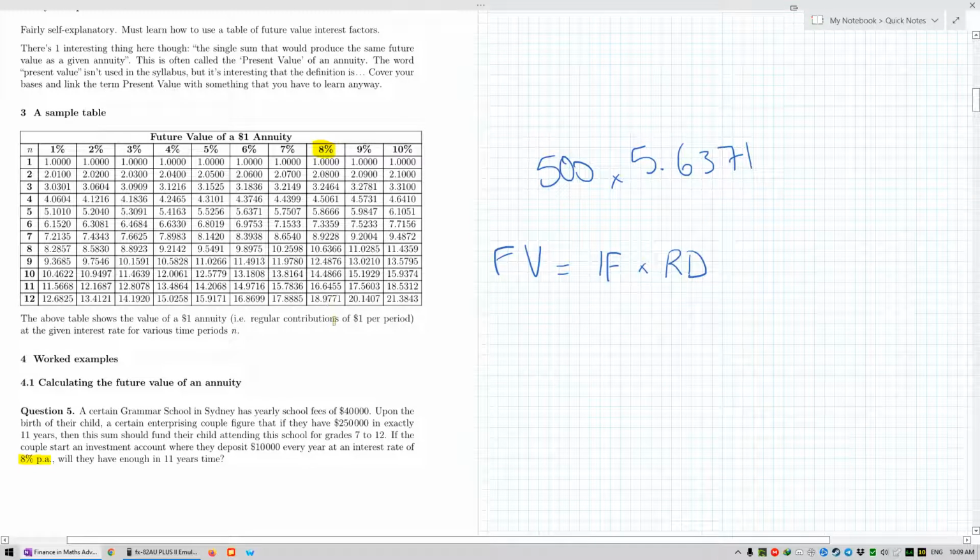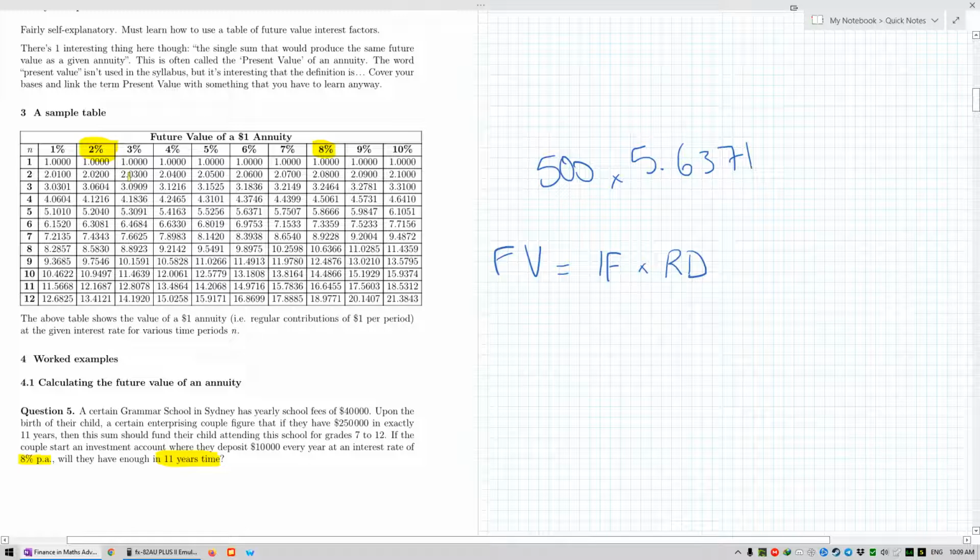Now sometimes you will have the compounding period given to you. Just make sure you convert the interest rate to match the compounding period, and you also convert this n, this 11 years' time, to match the compounding period as well. So if they gave us 8% per annum, but it's compounding quarterly, we would divide the 8 by 4, and you would be looking at this column. So it really depends on the question.